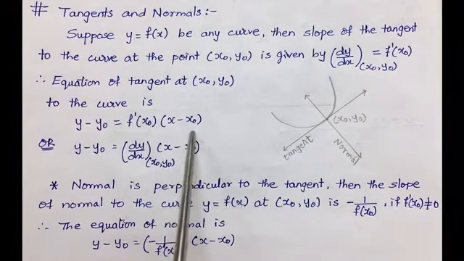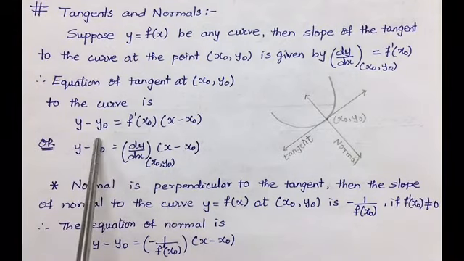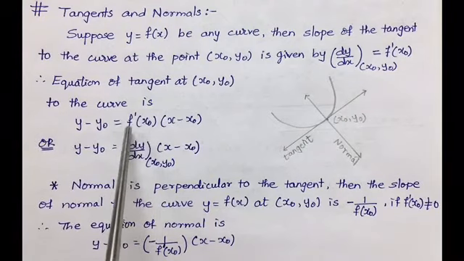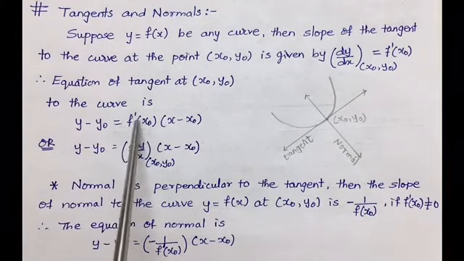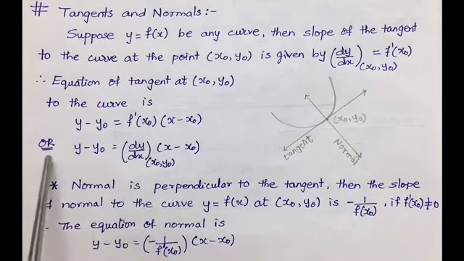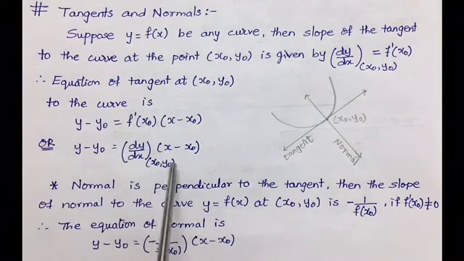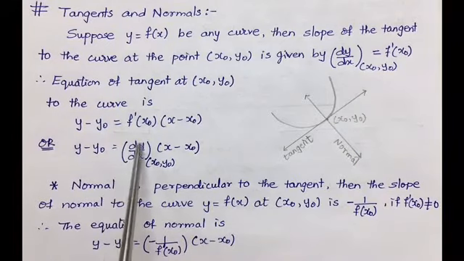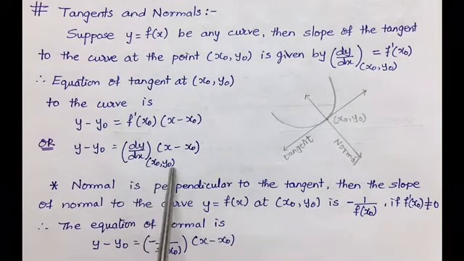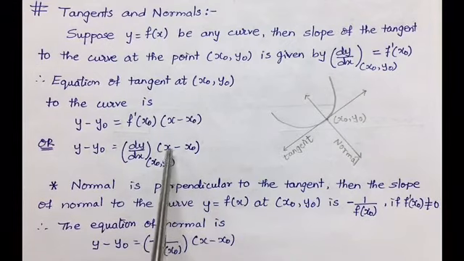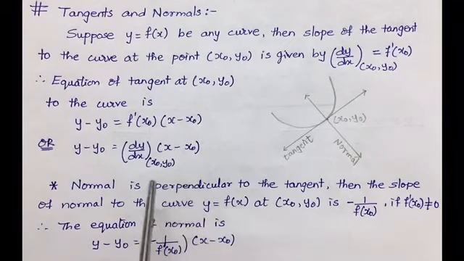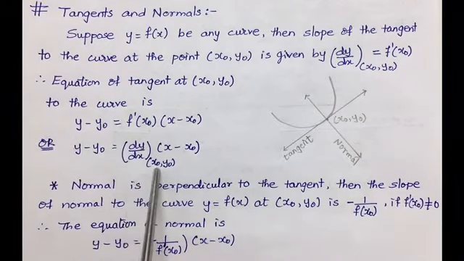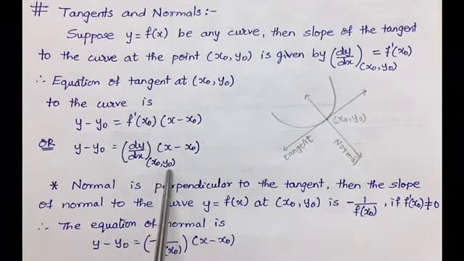Instead of x1 and y1, we have x0 and y0, and the slope here is taken as the derivative of the function, that is f'(x0). Or this equation can be written in the second form as y minus y0 equal to (dy/dx) at (x0, y0) into (x minus x0). That means the slope dy/dx is calculated at the point (x0, y0).